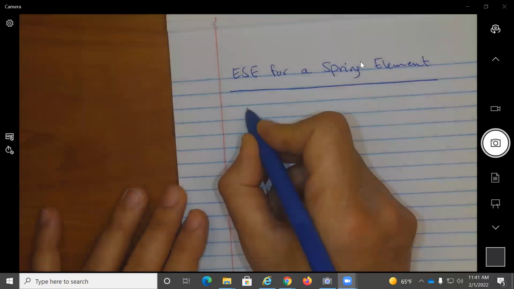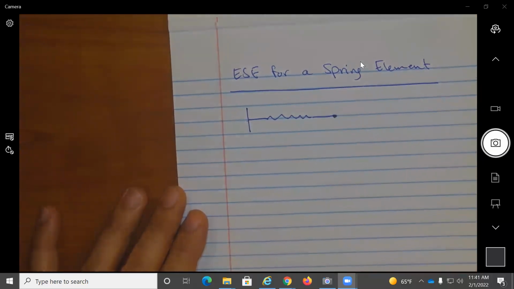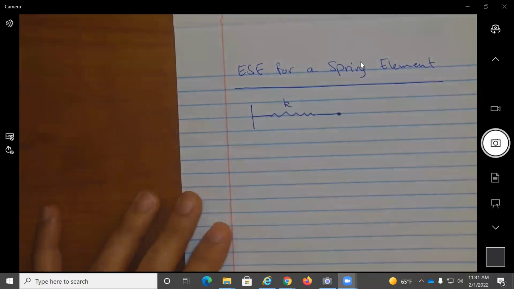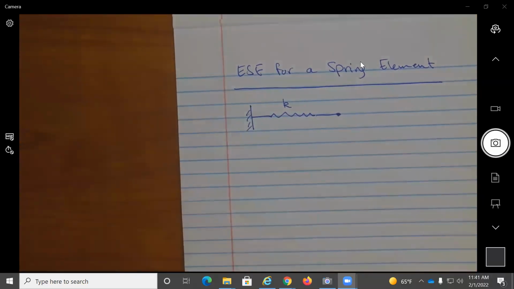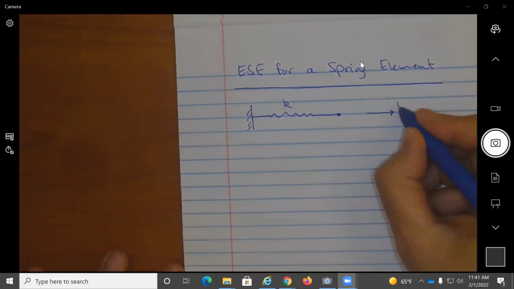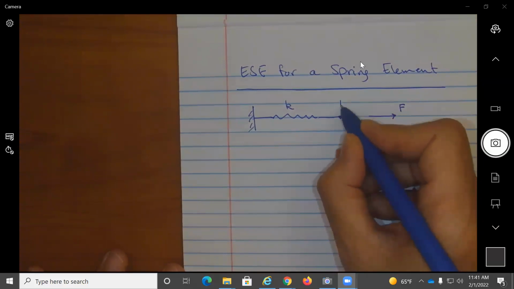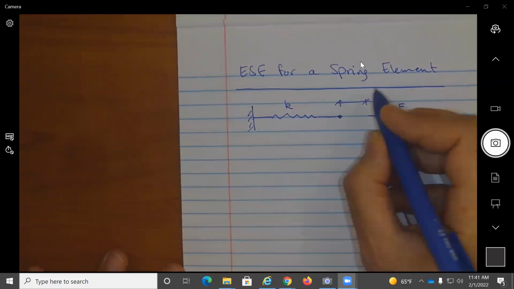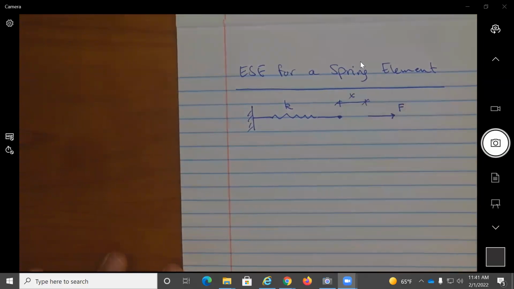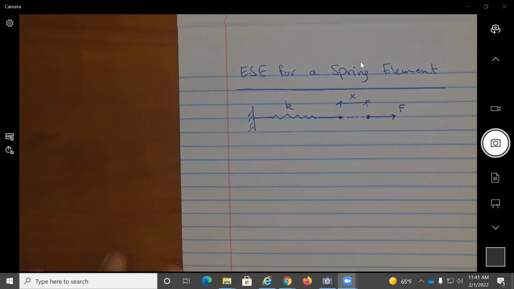If I look at a spring that has a spring stiffness K, fixed at one end, and I apply a force F, the spring is going to go through an elongation X. So this is going to extend to a distance X.